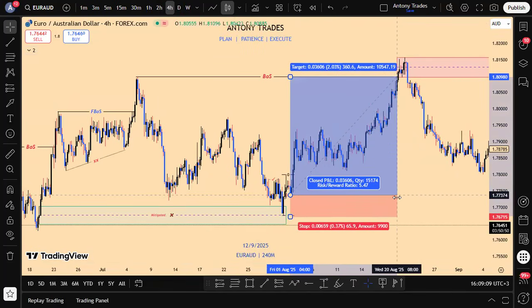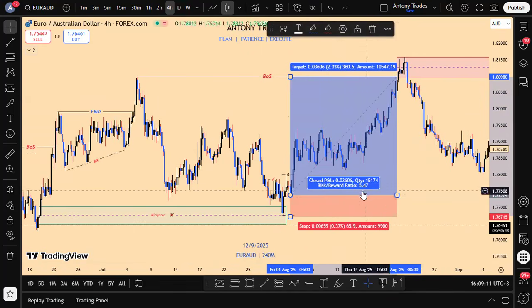And you see, if someone had held that market, at the end of the day, you lock up 5.47 risk to reward plus the 3%. If we had maybe risked 2% here, 1% at 1:3 here, then you leave the rest of the order to play out to the full TP.